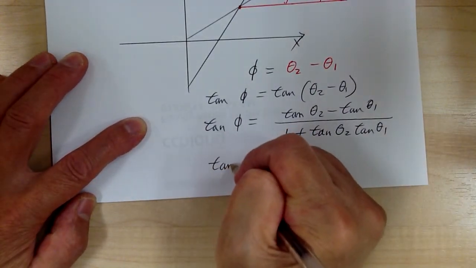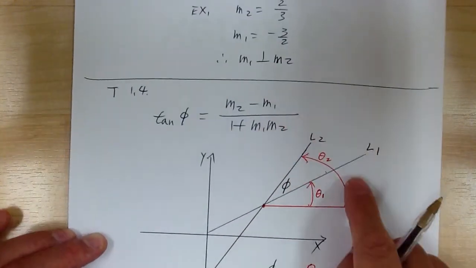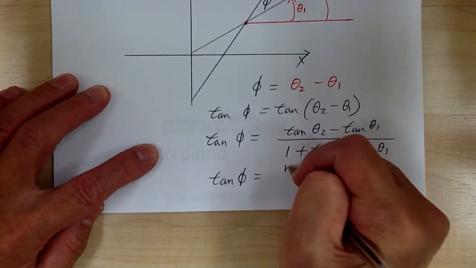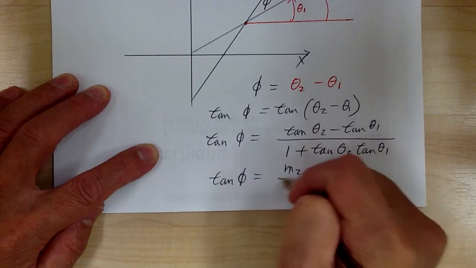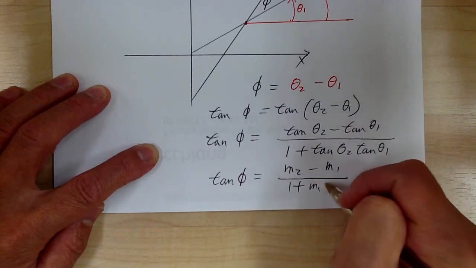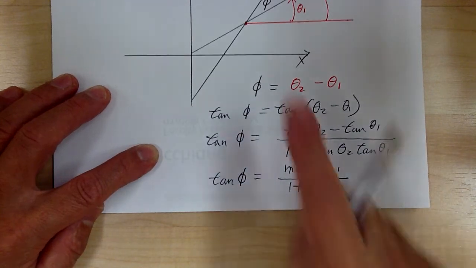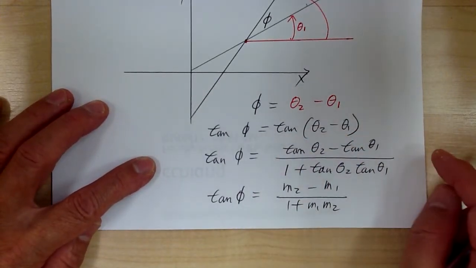And again, using the definition, remember tangent is what? From what we learned earlier, tangent is the slope. So tangent theta 2 is m2. Tangent theta 1 is m1. 1 plus, and I'm going to put this in the correct order to be m1, m2. It doesn't matter which, if you go m2, m1, it's fine. So that's where this formula came from, the difference identity from the tangent.